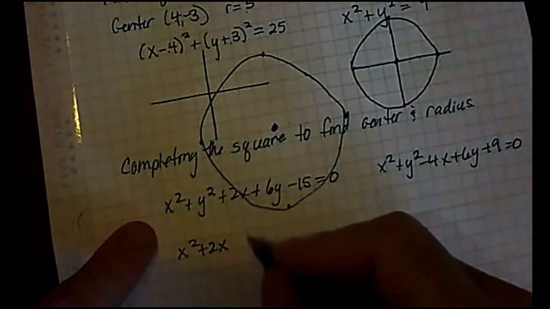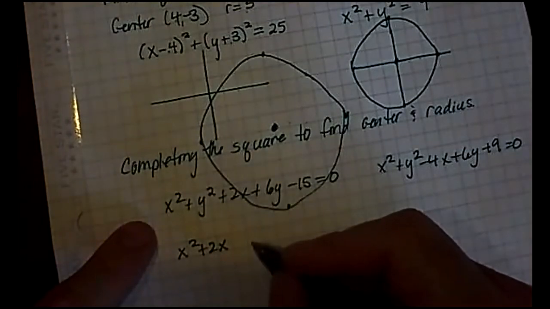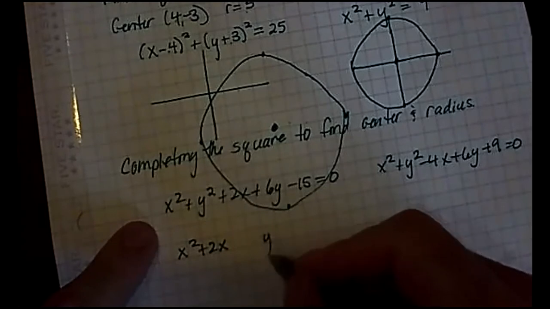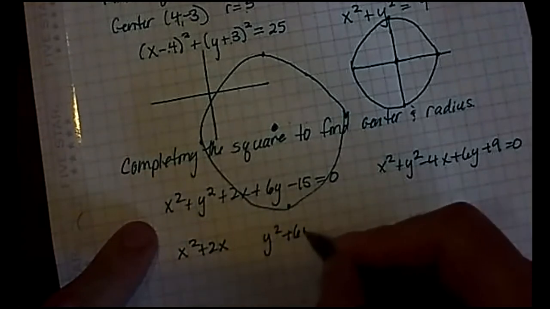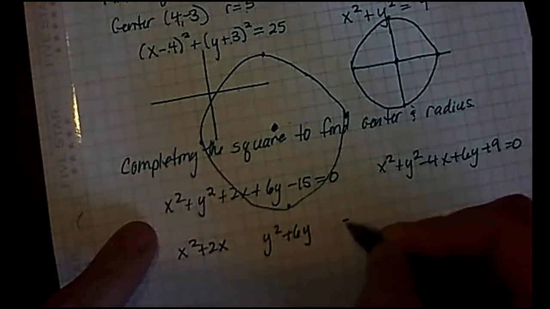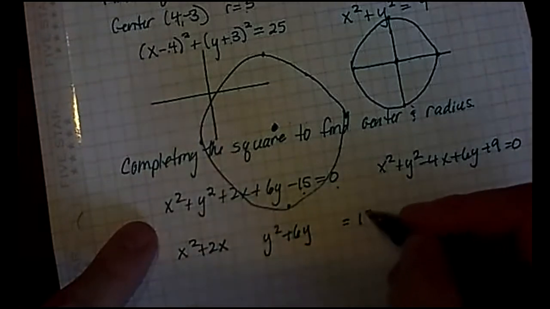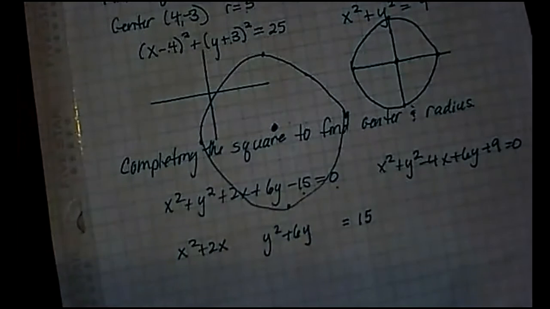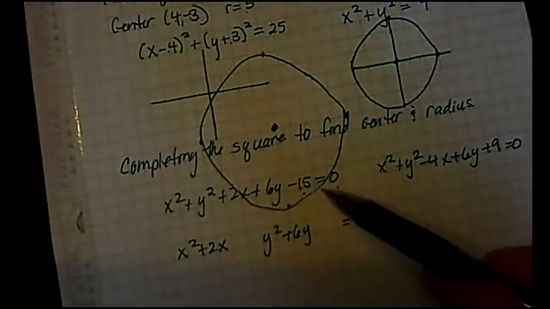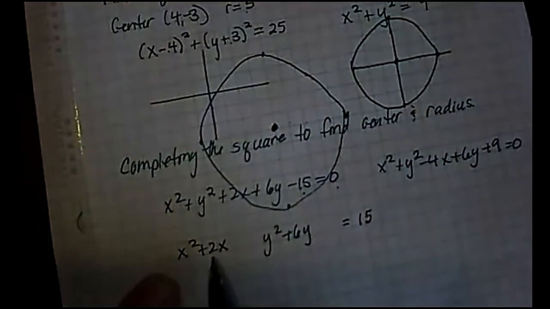I'm going to leave a little bit of space. Then we have the y squared plus 6y. Leave a little bit of space. And I'm going to add 15 here, which means I have to add 15 here. So what we've done is get rid of the constant by adding it. Now we're going to take half the middle term and square it.